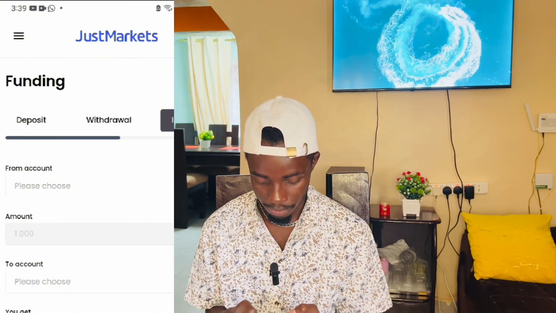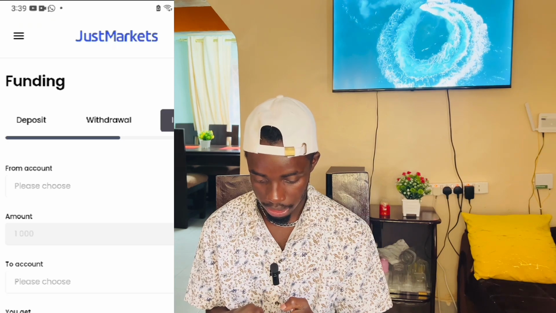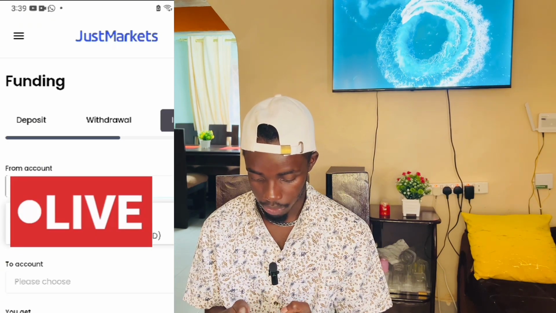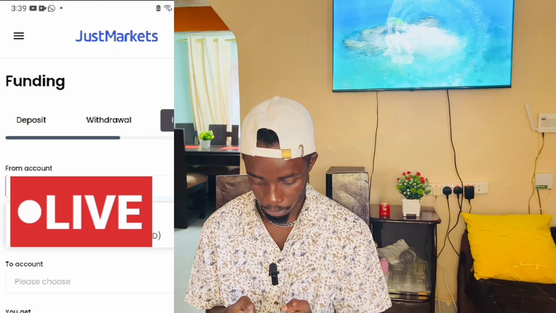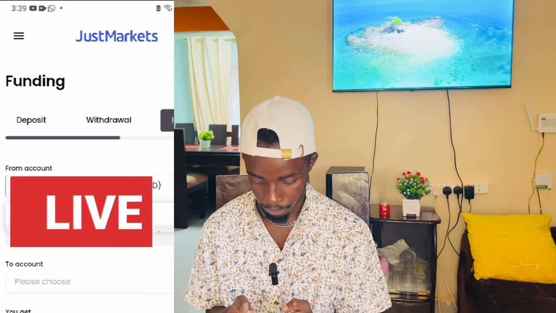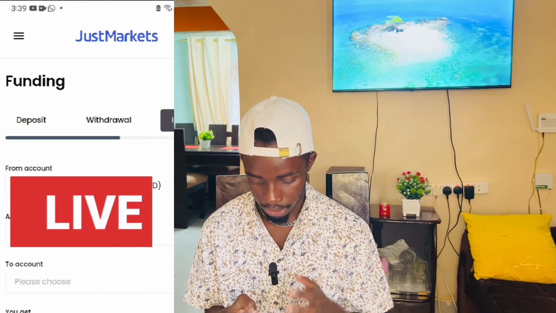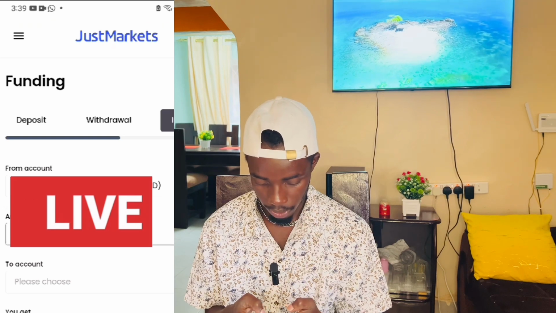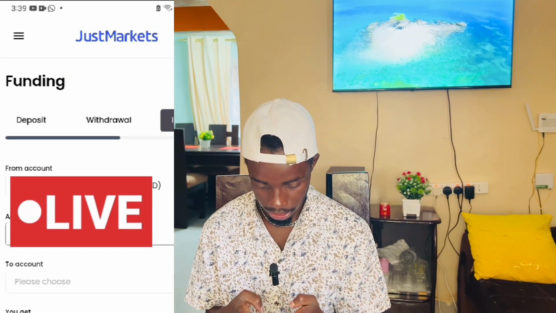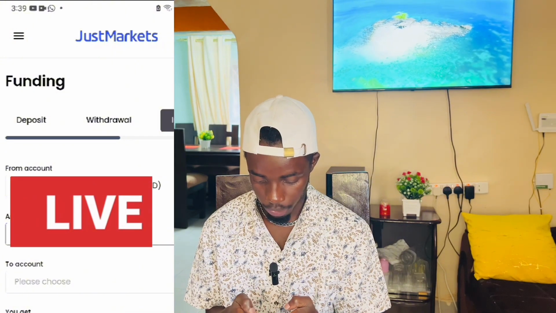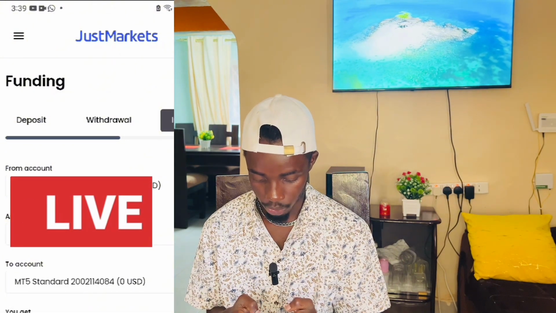So I want to transfer $50. You must choose the account first. So I'll choose that one. The amount I want to transfer is $50, and then to which account, this one that I want to trade.